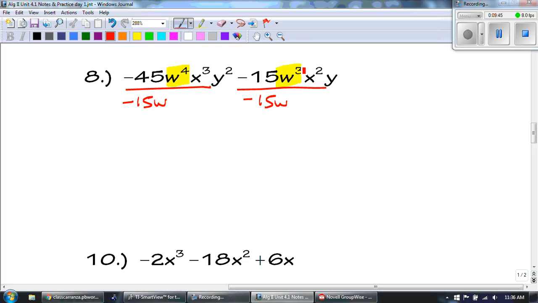The smaller one is the w cubed. They both have x's. The smaller one is the x squared. And they both have y's. The smaller one is just the y to the first. So my GCF comes out front.